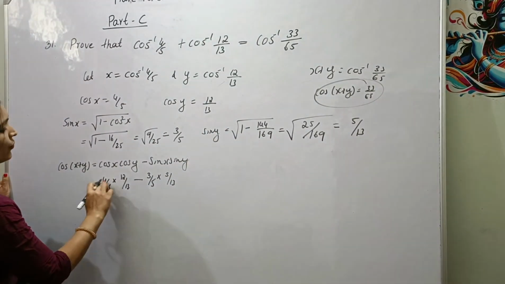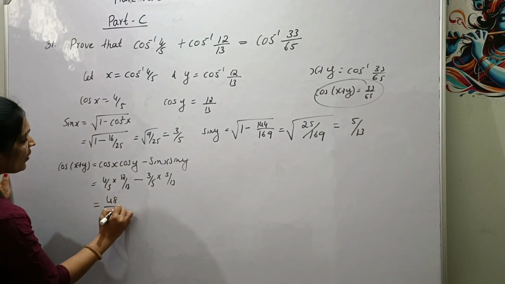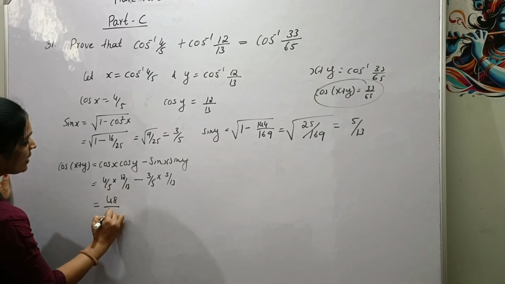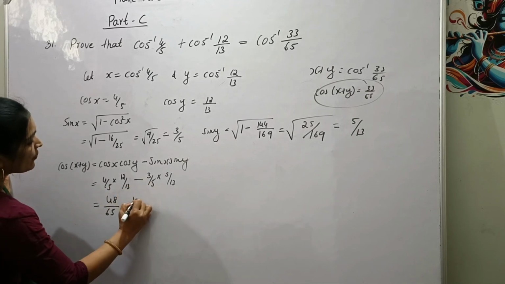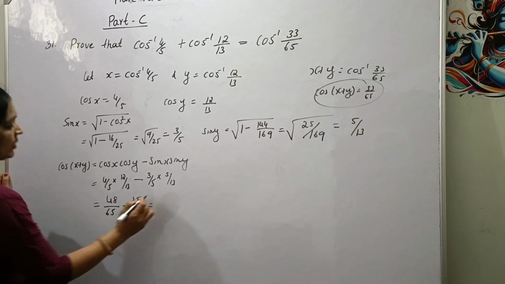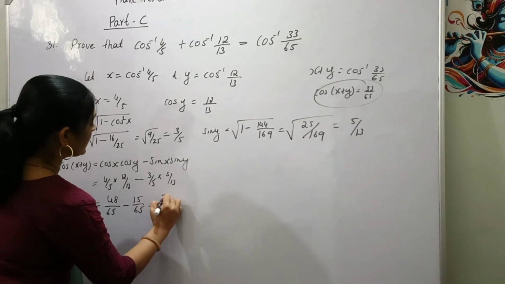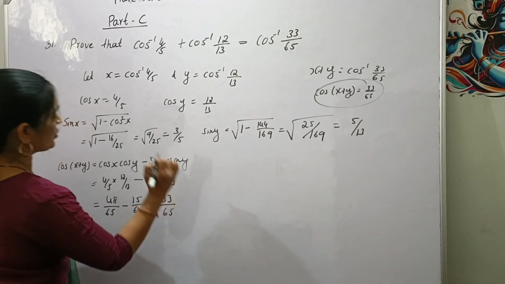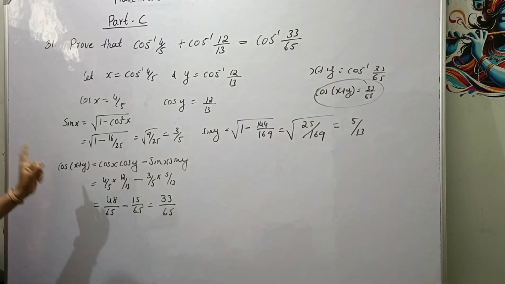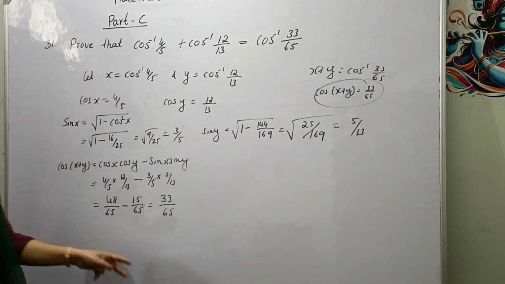That is equal to 4 into 12, 48, divided by 5 into 13, 65, minus 15 by 65. 48 minus 15, 33 divided by 65.